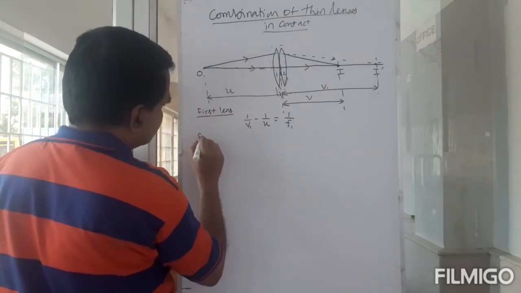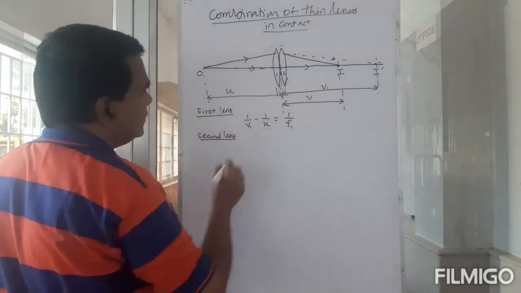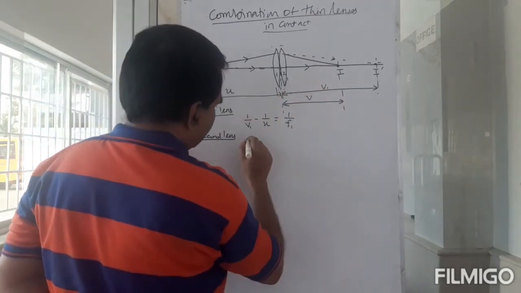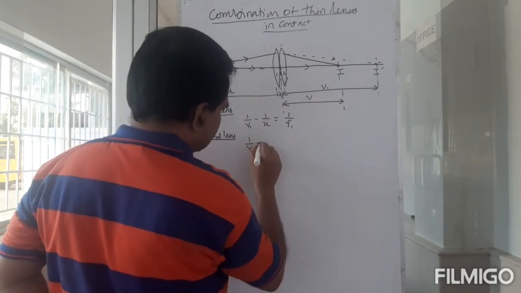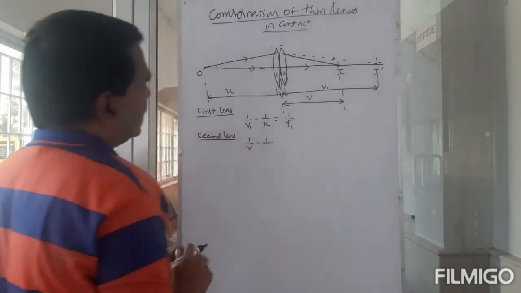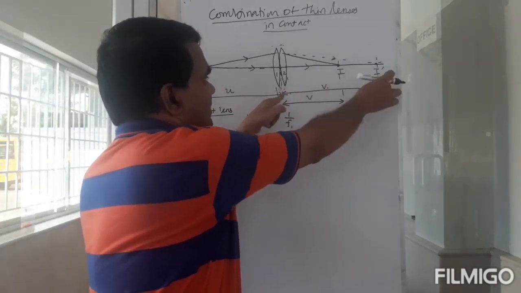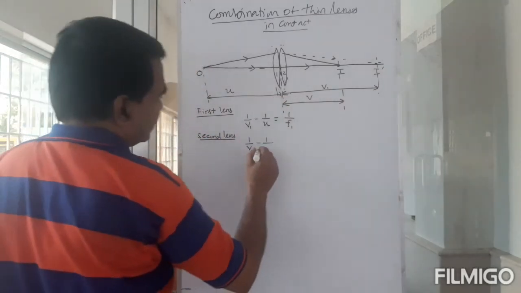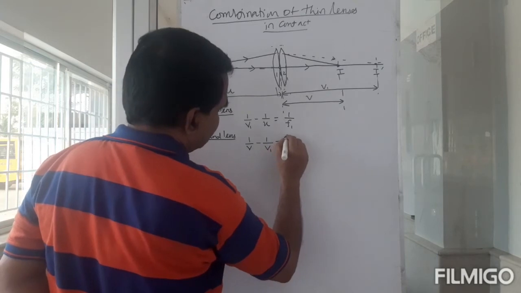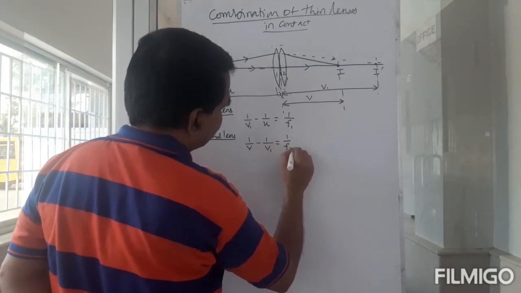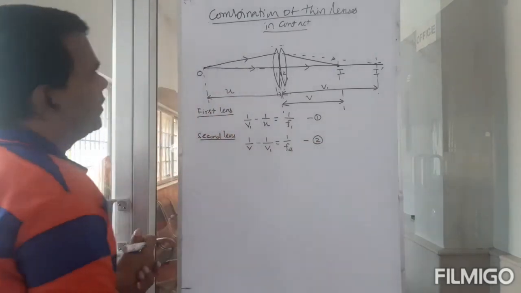For the second lens, it is 1 by V, only this V. Then minus 1 by, now what is this U? This U is actually this V1, right? For the second lens, V1 is U. And that must be equal to 1 by F2. So this is equation 1 and this is equation 2.